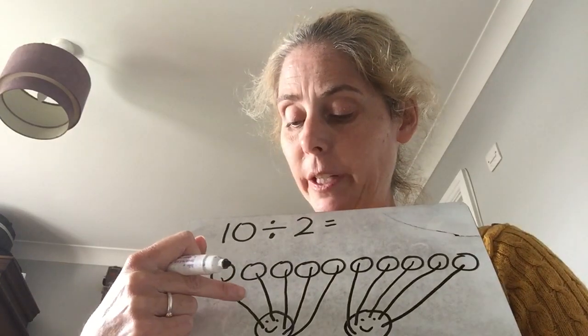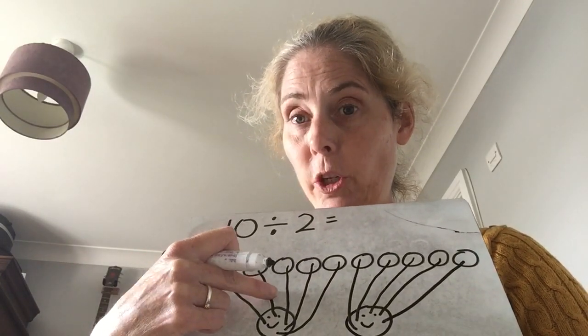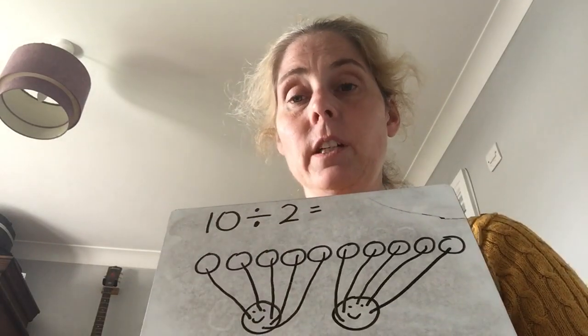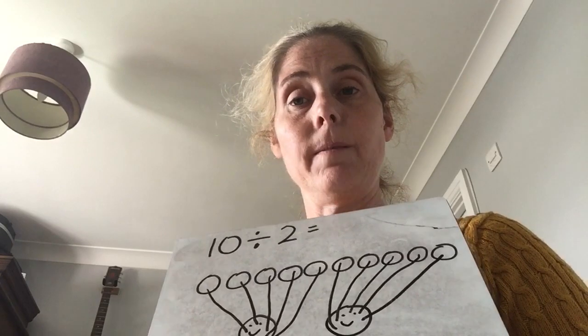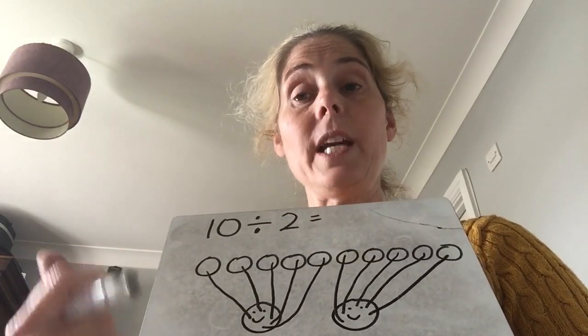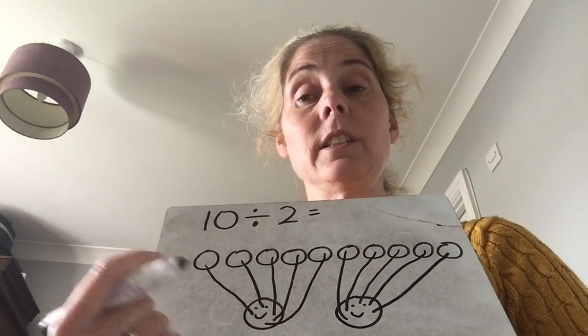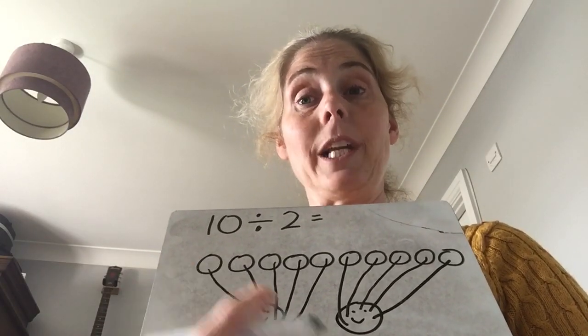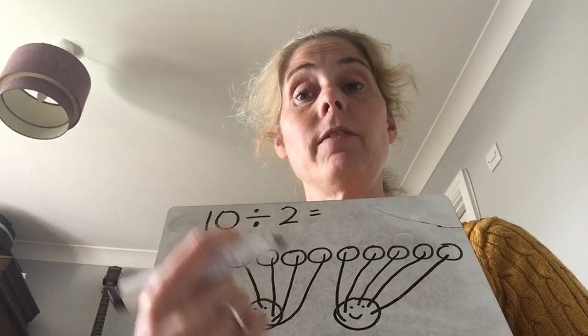So we're going to look. We're going to go 1, 2, 3, 4, 5. Check this one's definitely got the same. 1, 2, 3, 4, 5. Excellent. So we know that 10 divided by 2, or 10 shared between 2, is 5.